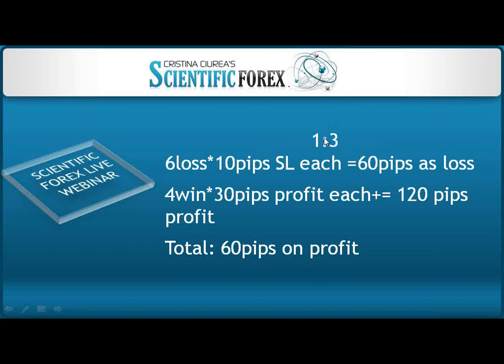Why is this 1-to-3 like a mantra for all the traders for money management? Because let's consider that we have 10 trades in a row, and we have 6 trades. So let's consider that we have 10 trades on the 5-minute chart.